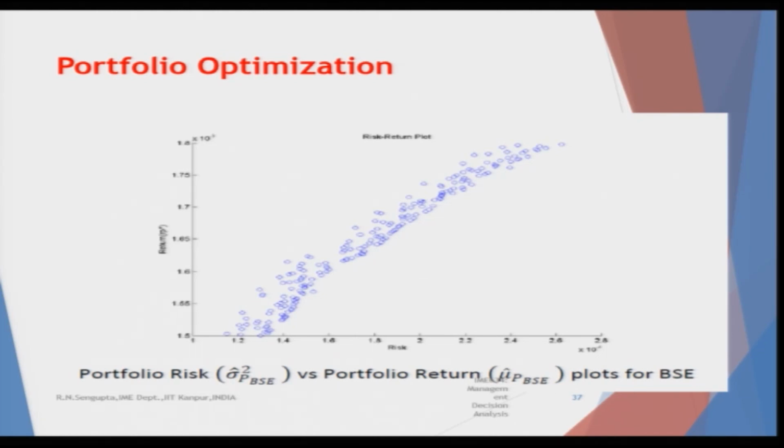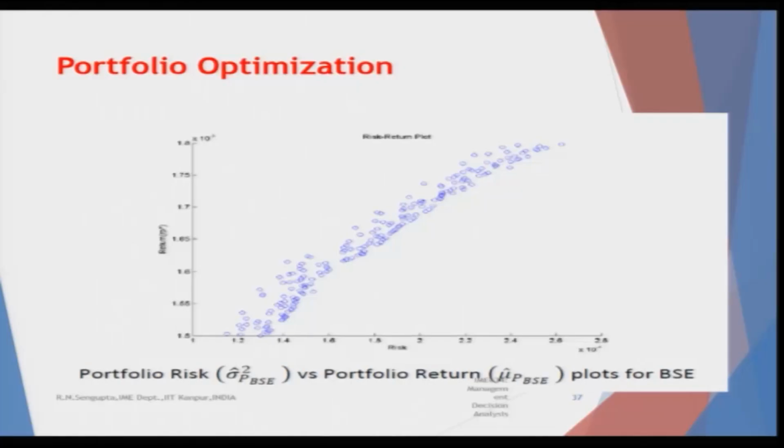You want to plot the quadratic function, which was the risk, and the linear function, which was the return. The linear function we plot along the y axis and the quadratic function we plot along the x axis. If there are straight lines, there is no variation, it will give you some straight lines like this.